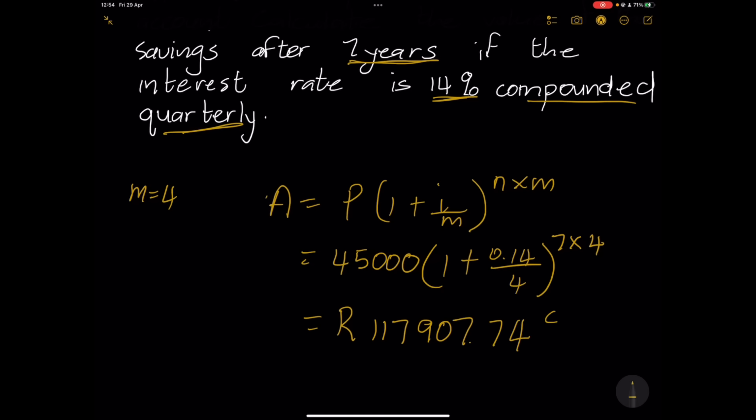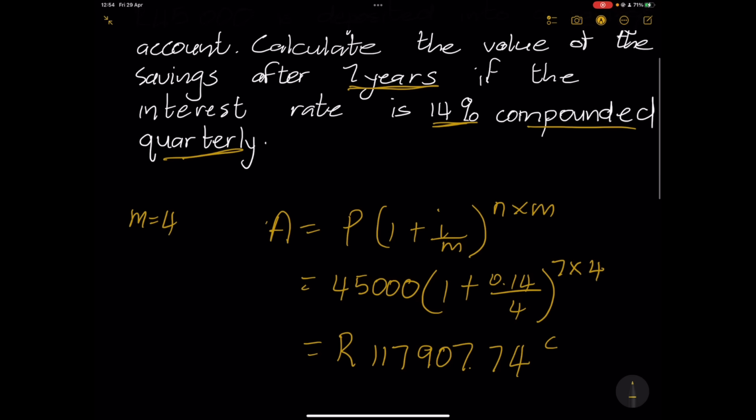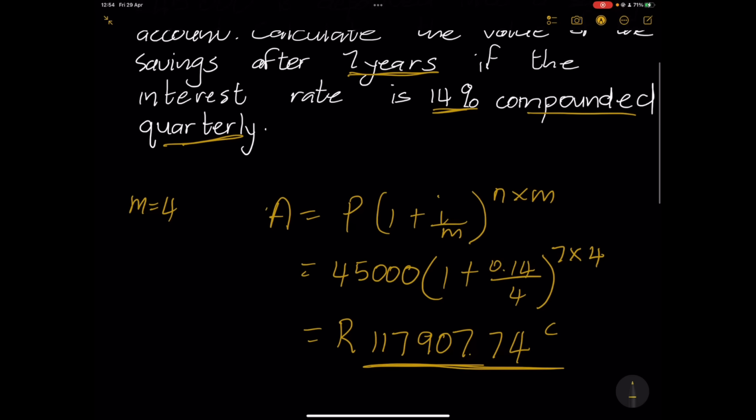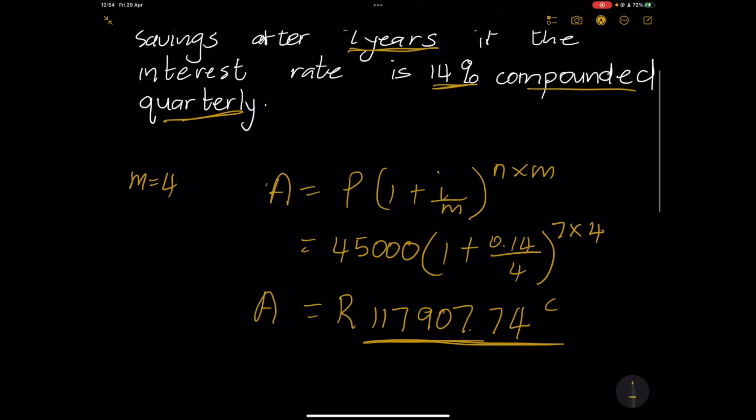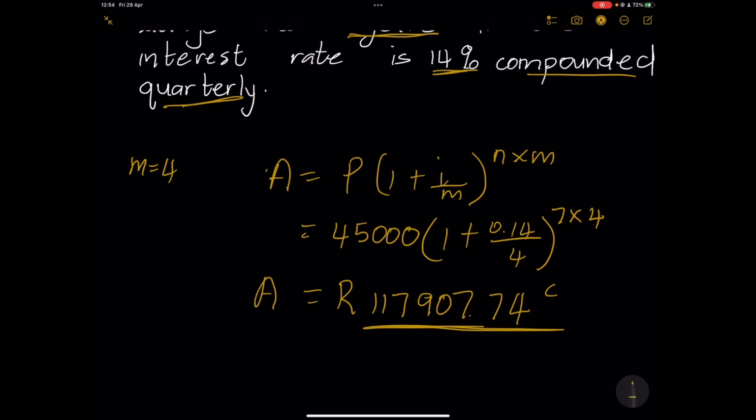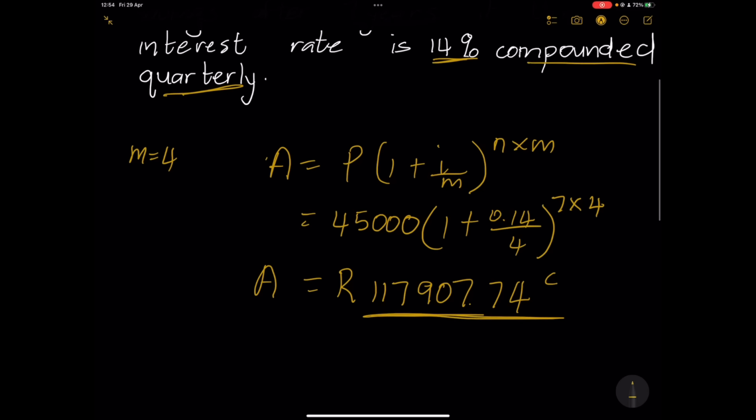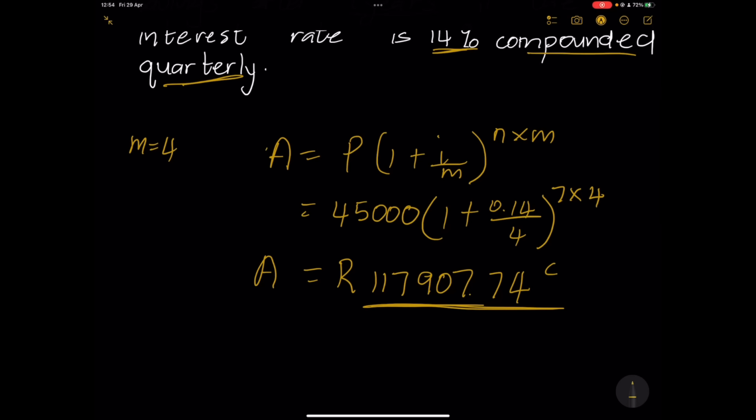So that's 117,907 rands and 74 cents. Now, I want you to please note how much that amount has accumulated to in about a space of 7 years. They say compound interest is one of the greatest miracles in life. So yeah, you definitely want to make sure that you earn compound interest.